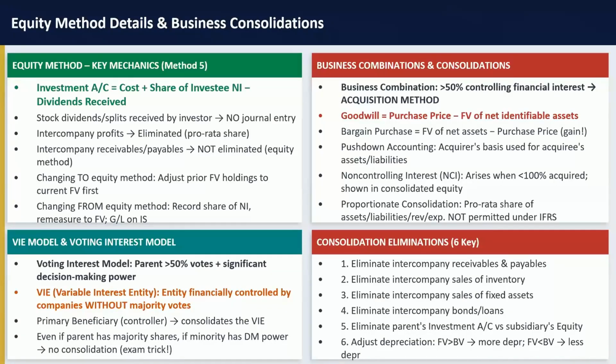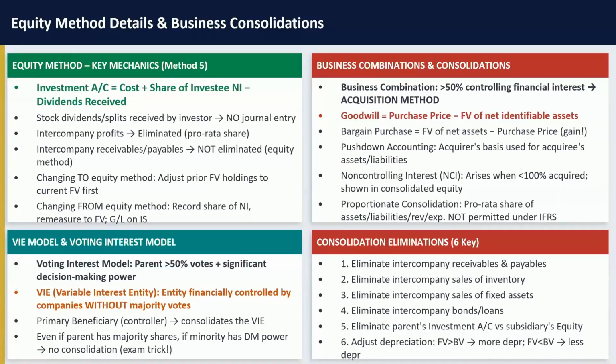Then changing from the equity method means now I hold 25% share in Infosys. I don't want to hold so many shares anymore. I'll sell 10% of shares. I'll come back to 15%. Now I will be moving into the previous method. Okay. Previous method, which one? Method 3 or method 4, which is for equity securities which don't have a significant percentage of 20% or more. Now, how do I record it? I will have to adjust the recordings.